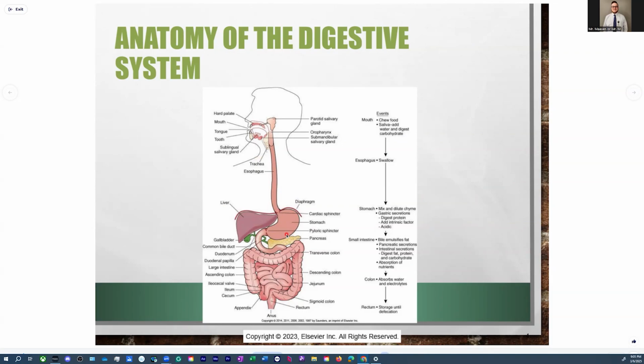The stomach is a very big muscular sac that churns and mixes our digestive juices and what we just ate, slowly breaking it down chemically with the acid. Then after it passes the stomach, it goes into the first part of our small intestine, called the duodenum, however you want to pronounce it. I go with duodenum.